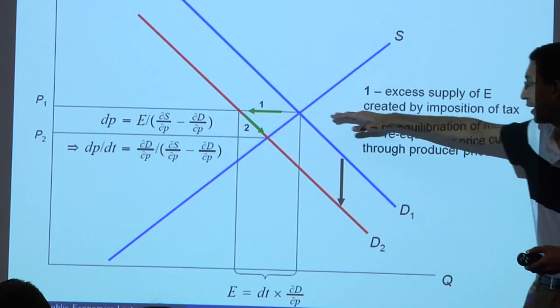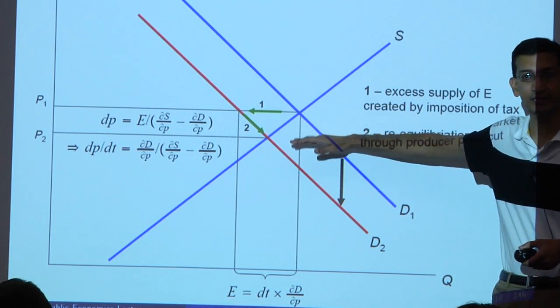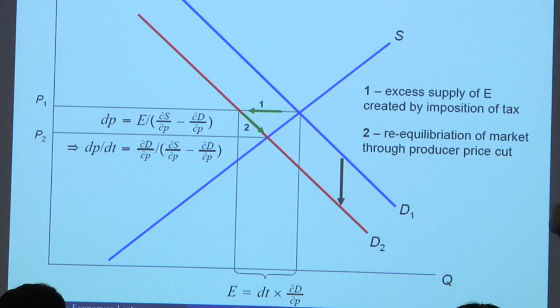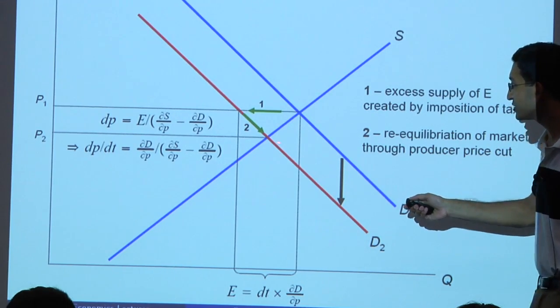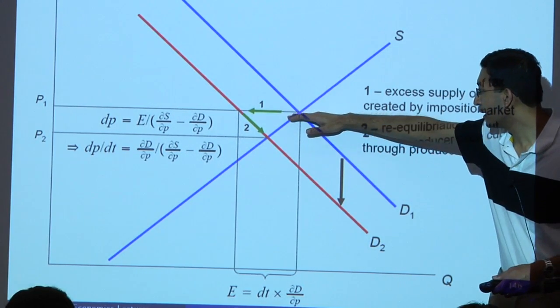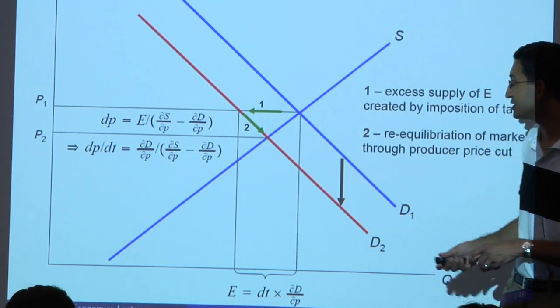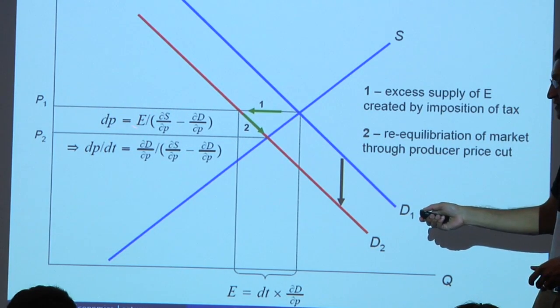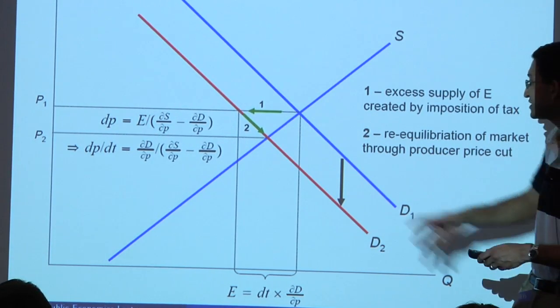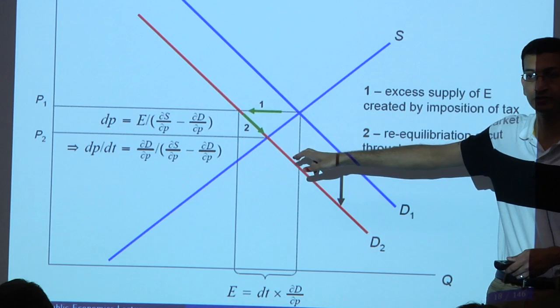Now what I need to figure out as the supplier is how much do I need to cut price in order to re-equilibrate the market, right? In order to clear all my inventory. And so that, if you just look at this graph, is going to be given by, I take the size of the excess supply and divide it by the sum of the slopes of the red and blue curves.